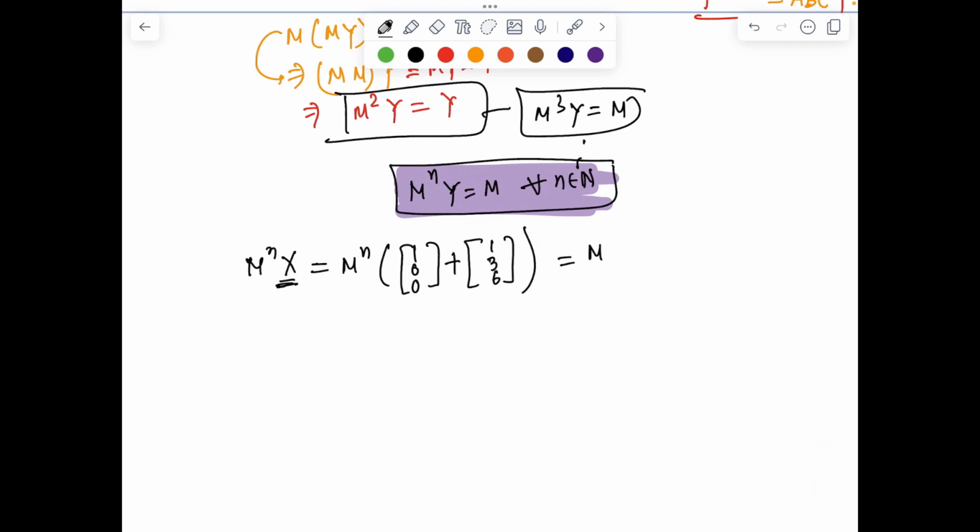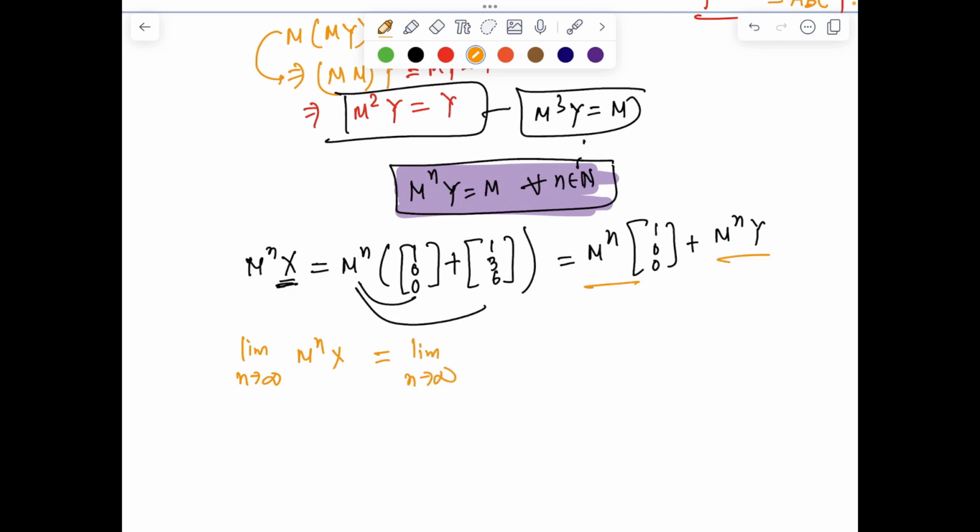So by the distributive property of matrices we have M to the power n times 1 0 0 plus M to the power n times Y. Now let's take the limit when n tends to infinity of M to the power n X. This will give a column vector. The limit of a sum is the sum of limits here, because both terms are finite, hence I am allowed to use it.